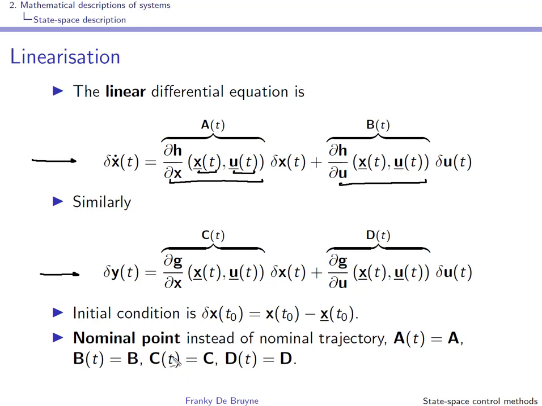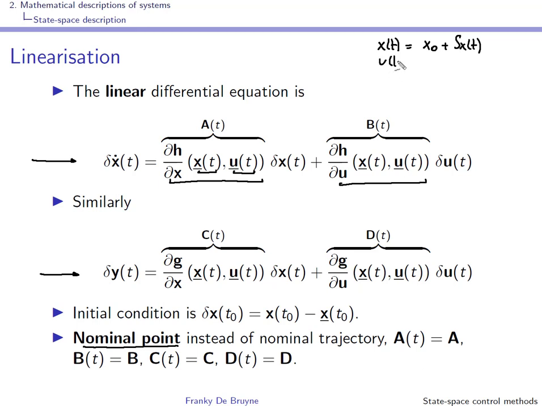But assume now that we work around a nominal point, so this means that x of t is written as x0, the nominal state, plus some variation dx of t.